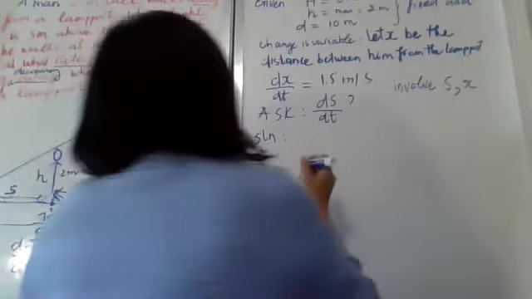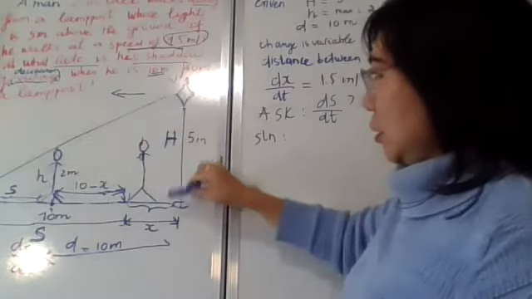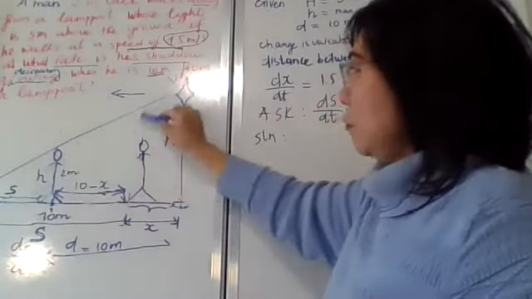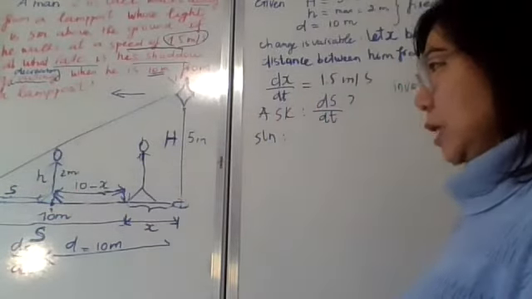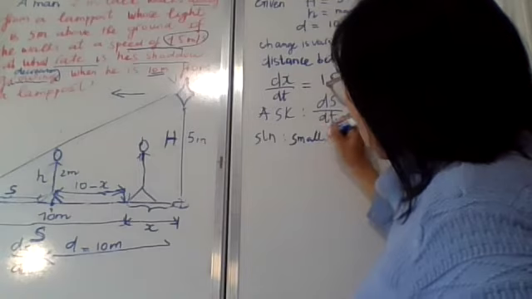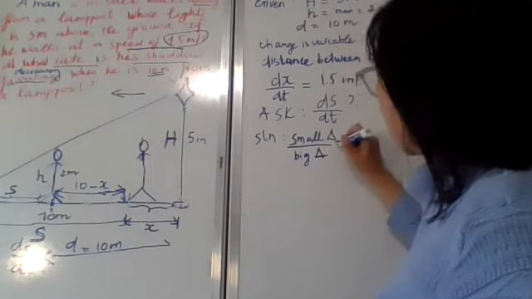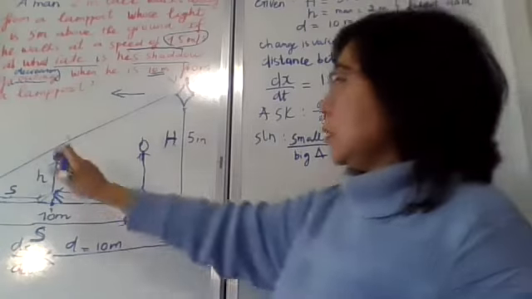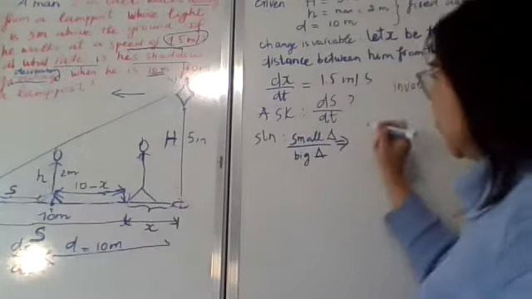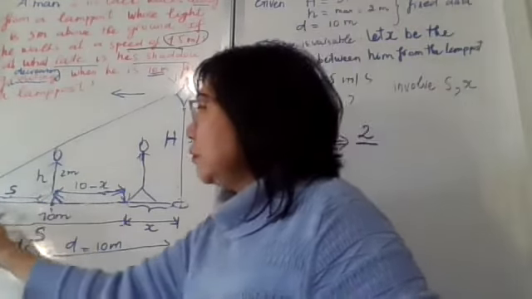So let's find out. We know we can use a ratio to establish our function. We have a small triangle over a big triangle. We can establish the ratio like that, right? So what is the small triangle? From here to here is his height. His height never changes. That's fixed, right? So 2, his height, over his shadow.